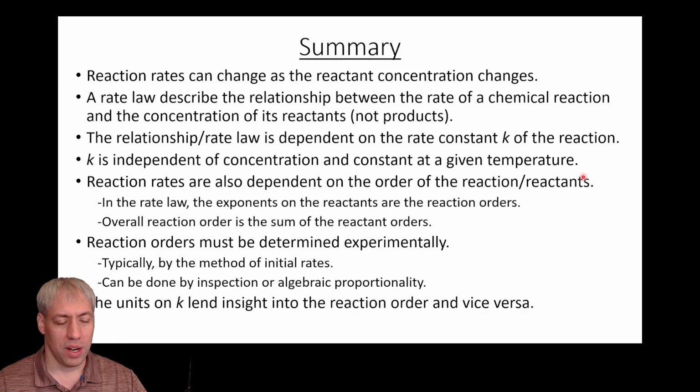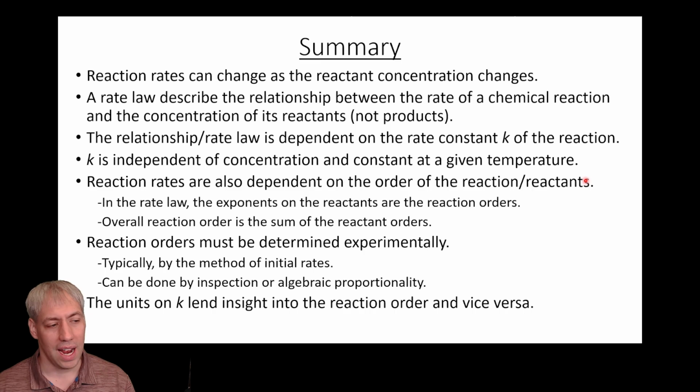We can't just use reaction rates to describe a reaction because those reaction rates can change. Instead, we figure out something called a rate law. It's a relationship between concentration and rate of the reaction, and the relationship between those two is dictated by the rate constant k of the reaction. We also figured out there's orders to the exponents on the concentration. That's the order of the reaction. We have orders for individual components.